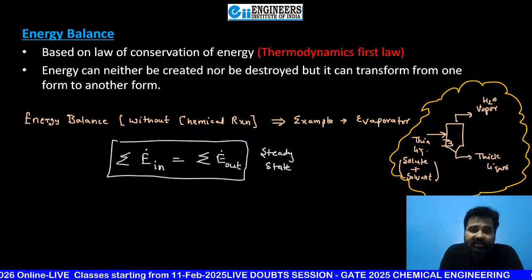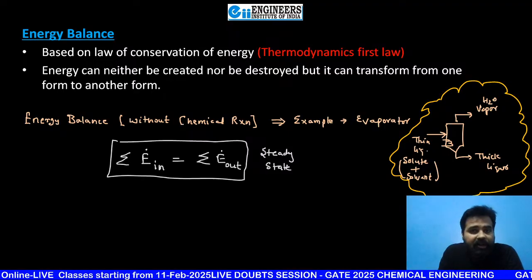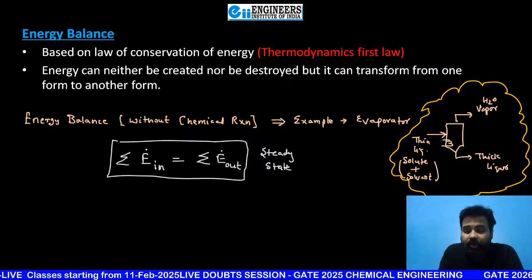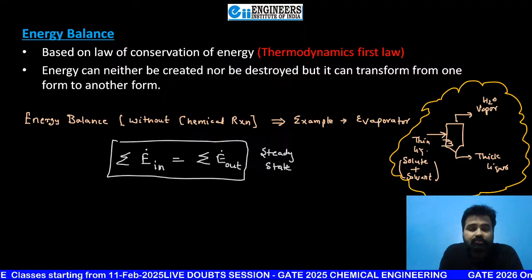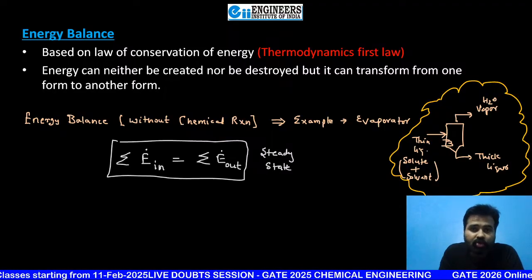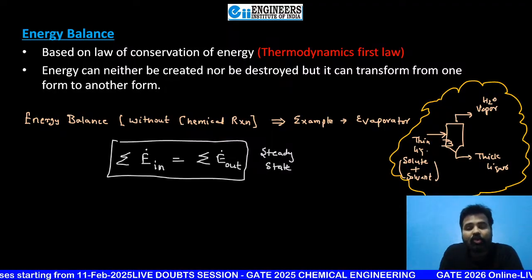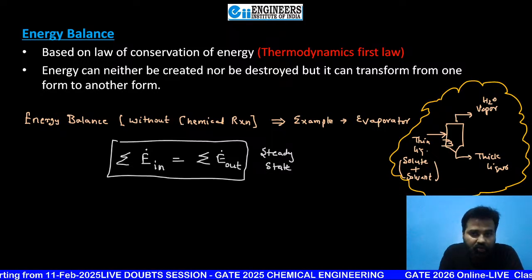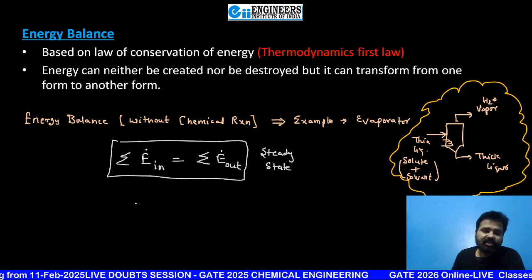If it is not a steady state, then maybe you will give 100 joule, and your system may take some part of this 100 joule and accumulate it, and at the outside you are definitely not going to get 100 joule. So how to take the unsteady state, sir? No need to worry.